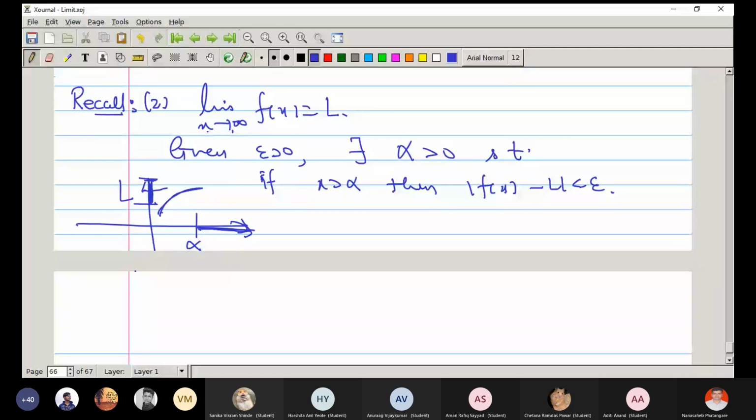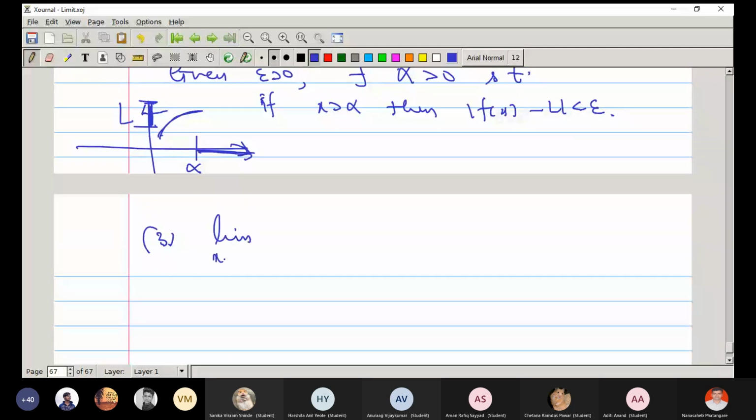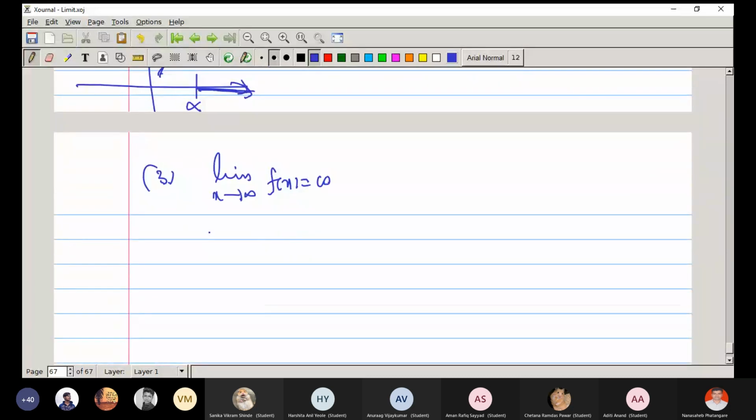And the third point, you should understand the limit as x tends to infinity of f of x is infinity. So how to understand this? How will you make the definition if you understand the previous two definitions? Given m greater than 0, there exists alpha greater than 0 such that if x is greater than alpha, then f of x is greater than m.